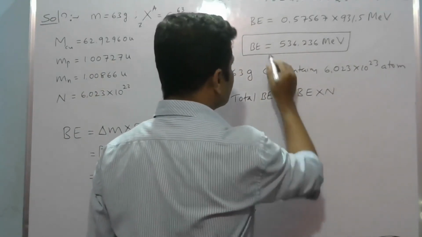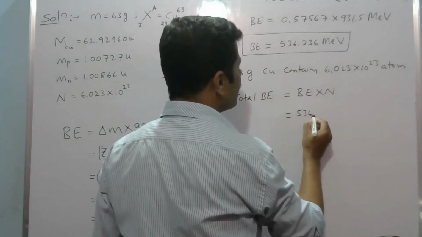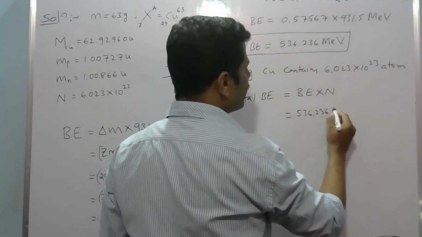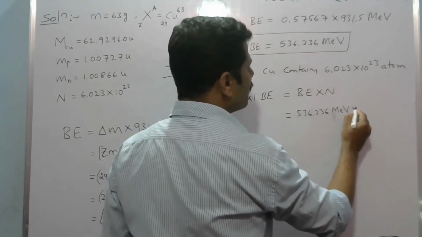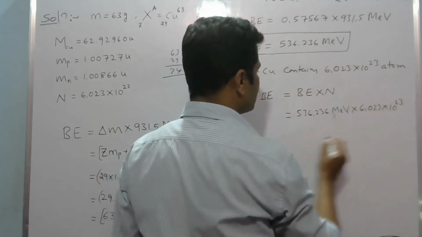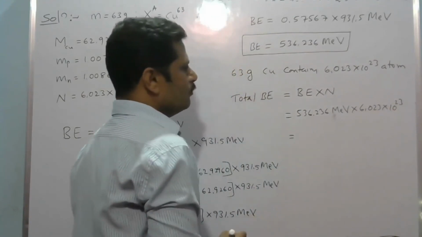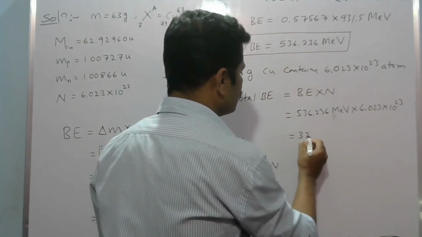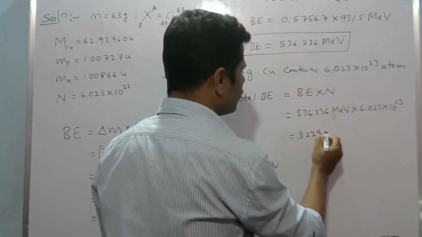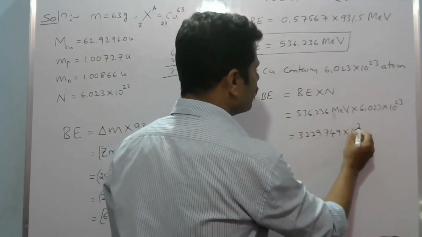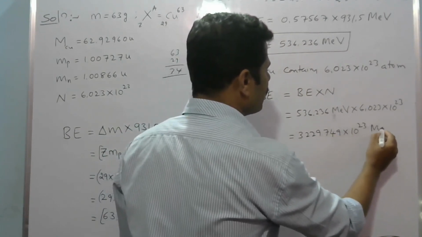This is equal to the binding energy, 536.236 mega electron volt into 6.023 into 10 raised to 23. When you simplify, we get 3229.749 into 10 raised to 23 mega electron volt.